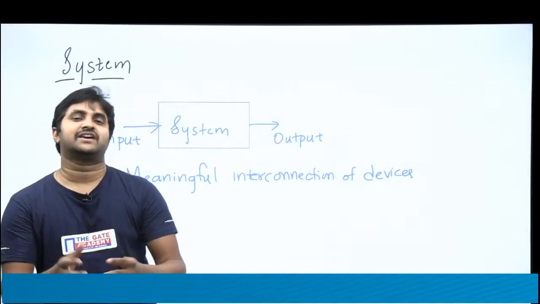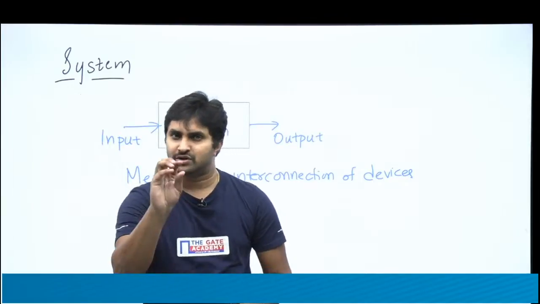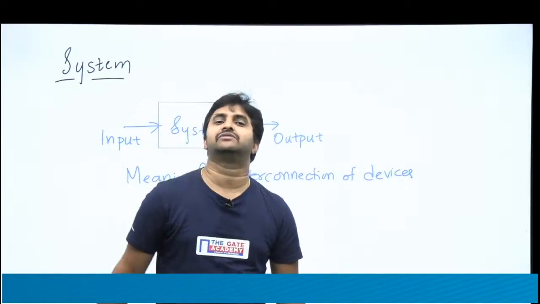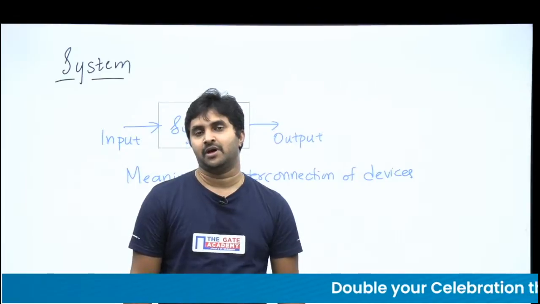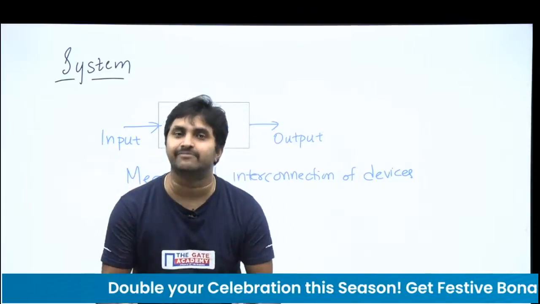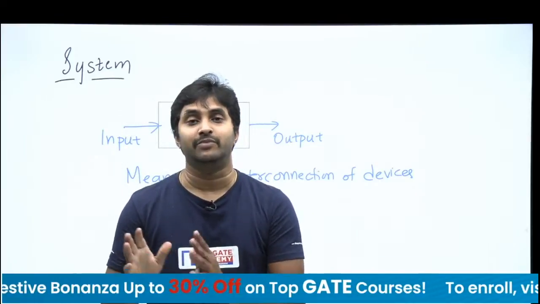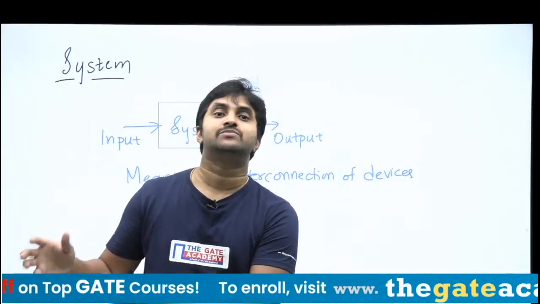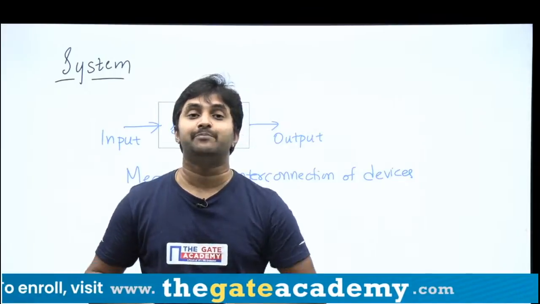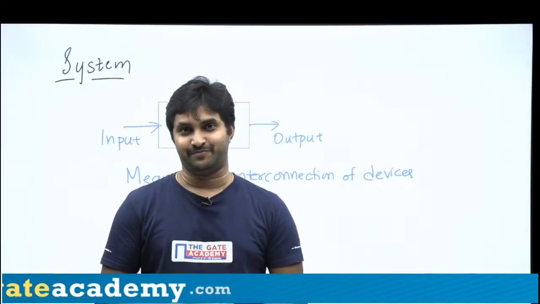See, what happens in the case of a control system is you are trying to control the output. That is the reason why we are calling it a control system. But whenever you are using the word system, it means that you are expecting something out. For example, you have a digestive system.